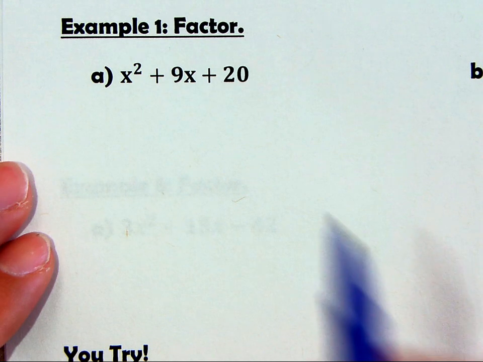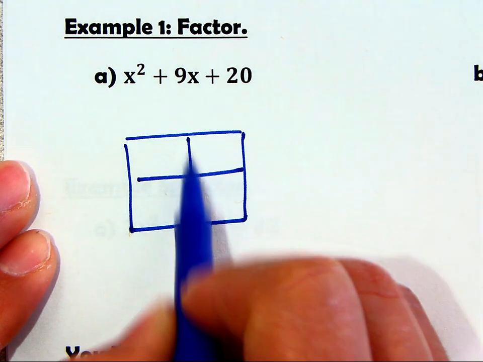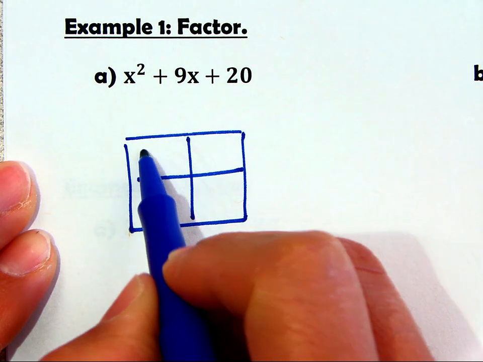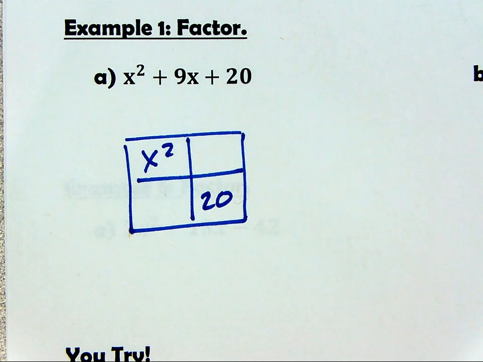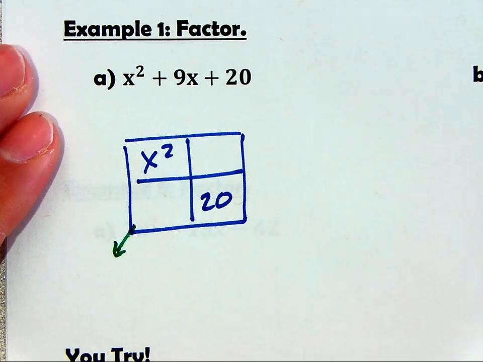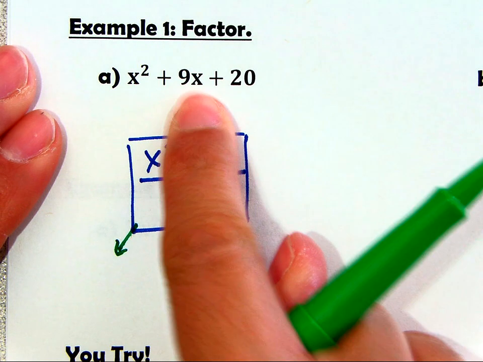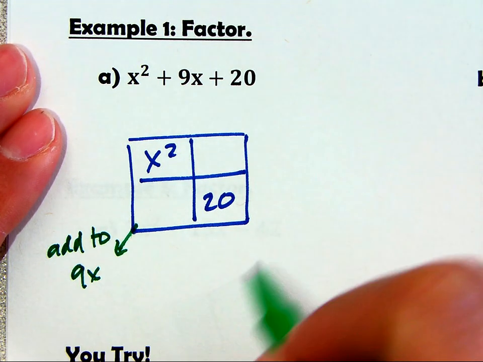Let's go ahead and set up our area model. The squared term goes in the first box, the constant goes in the last box, and those 2 empty boxes on the diagonal, we're going to write ourselves a couple clues. Clue number 1 is that these have to add up to the middle term 9x.